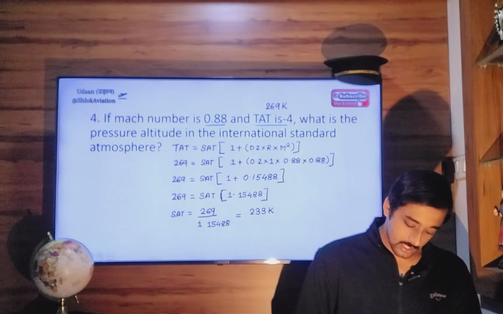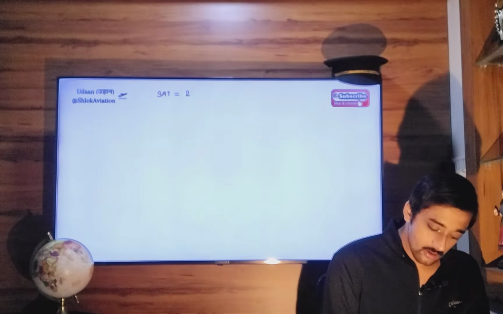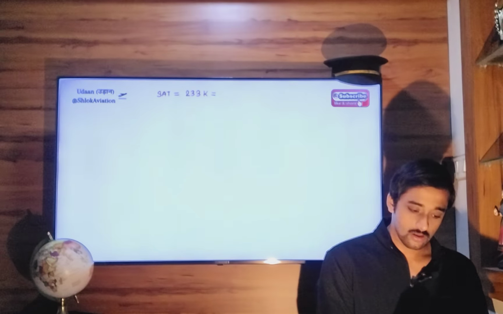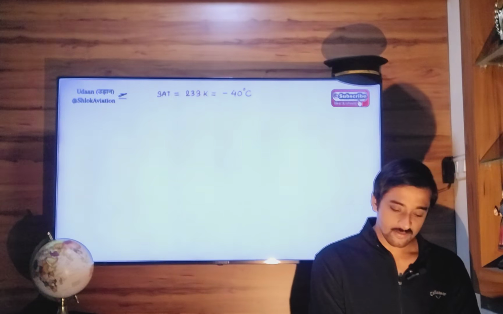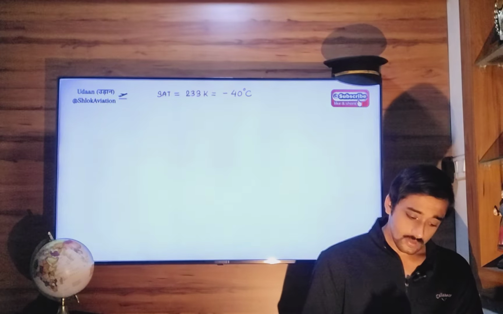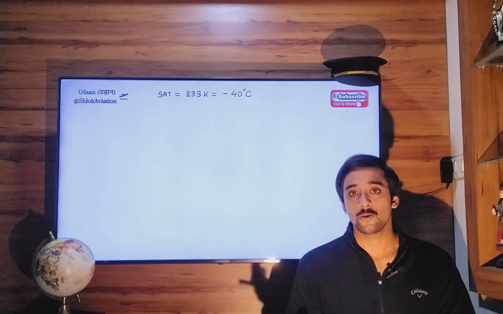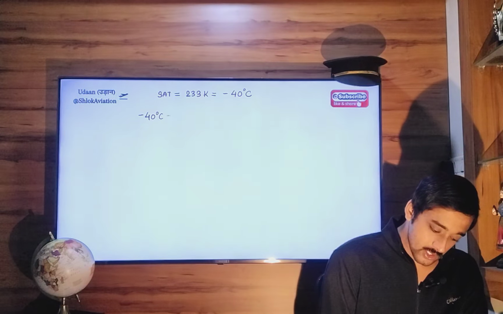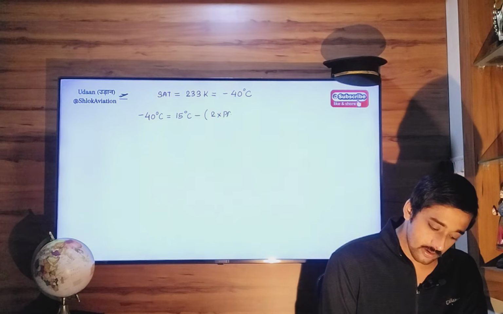The static air temperature is 233 Kelvin, that is equal to minus 40 degrees Celsius, right? So minus 40 degrees Celsius. Now we have to find out at what altitude in the ISA atmosphere do we tend to find minus 40 Celsius. So minus 40 degrees Celsius equals 15 degrees Celsius minus 2 into pressure altitude.